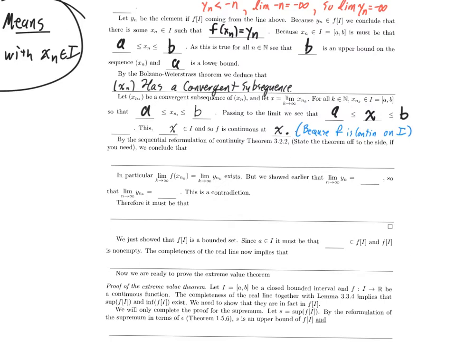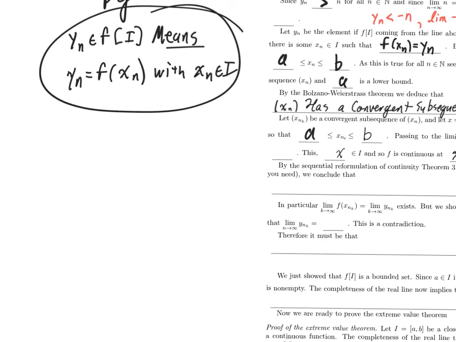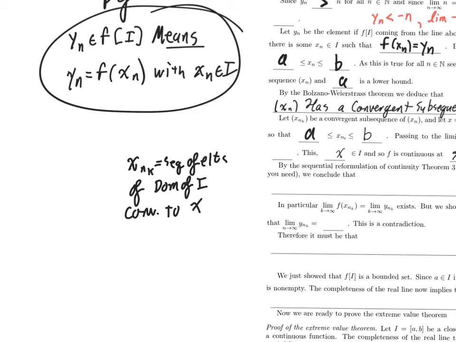Oh, so let's see what we have. I now have a sequence x sub n sub k. So let's go off to the side. I have the sequence x sub n sub k is a sequence of elements of the domain of f, which converges to x.